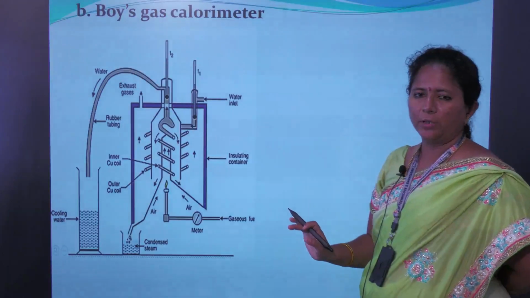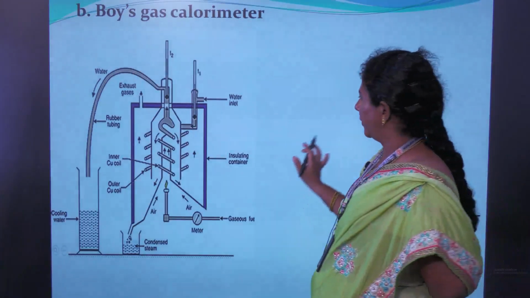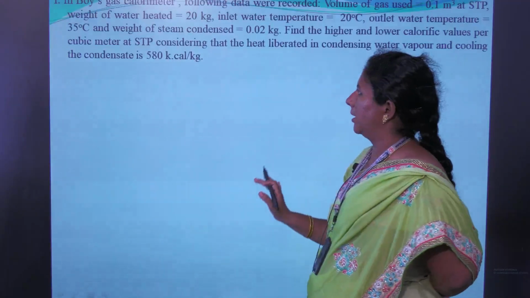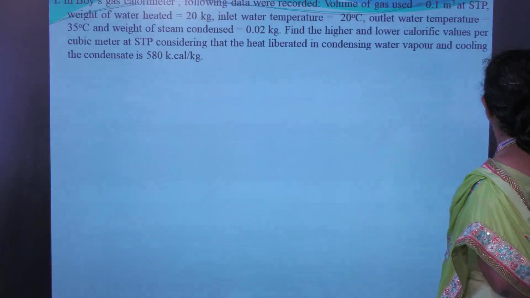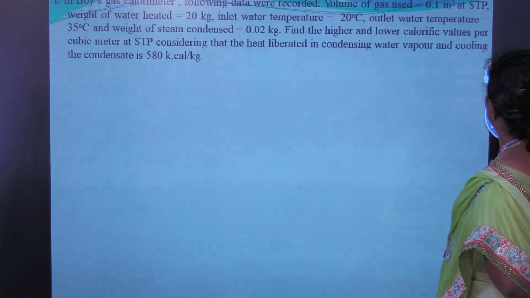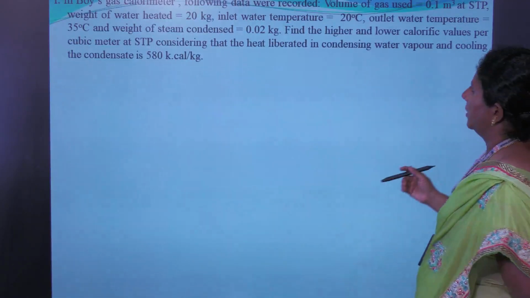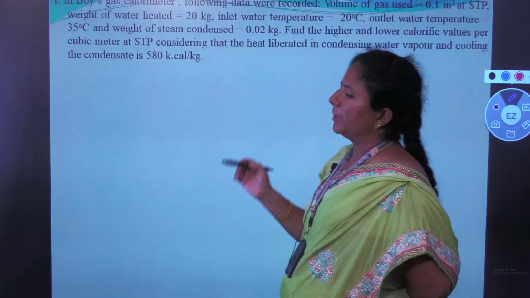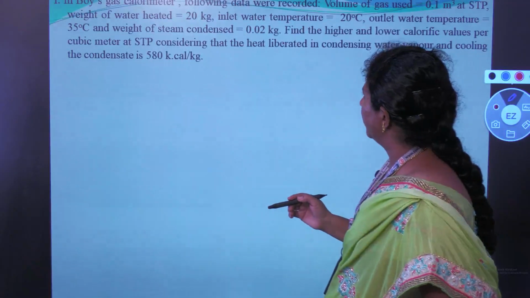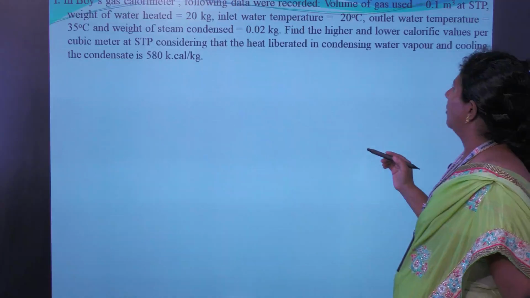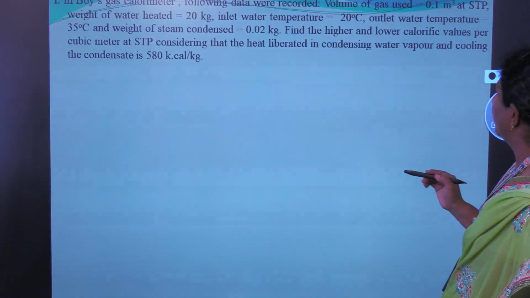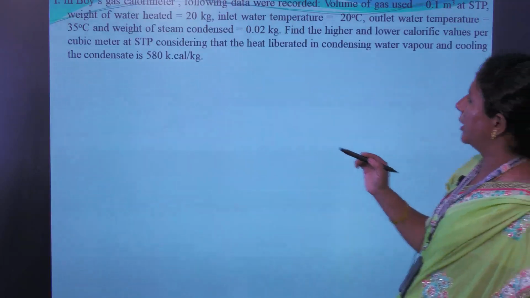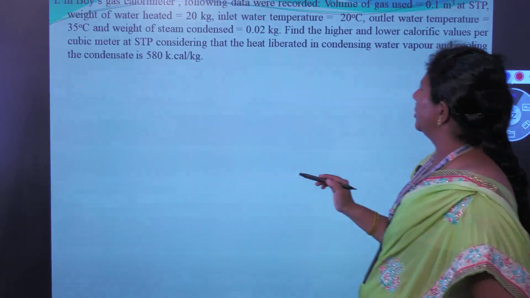Now we will be doing a problem on calorific value using this formula. So see here, the problem is in Boyle's gas calorimeter, following data were recorded. Volume of gas used is 0.1 meter cube at STP. Weight of water heated is 20 kg.